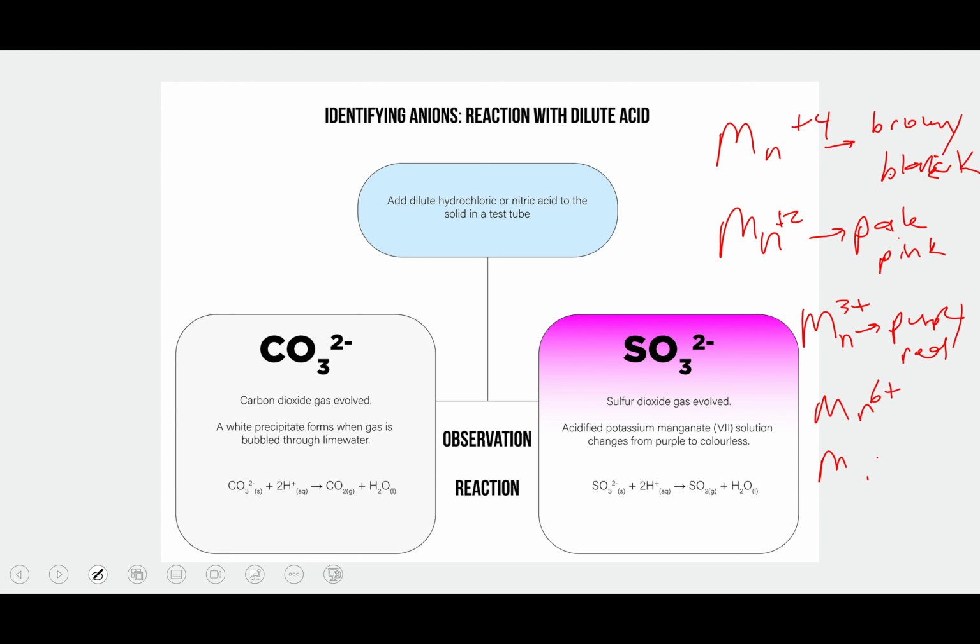What would be manganese 6+, or +6? +6 is the oxidation state, 6+ is the charge. But we know that charge is equal to oxidation state, we should know that. Manganese 6+ is going to be green. And manganese 7+ is going to be purple.